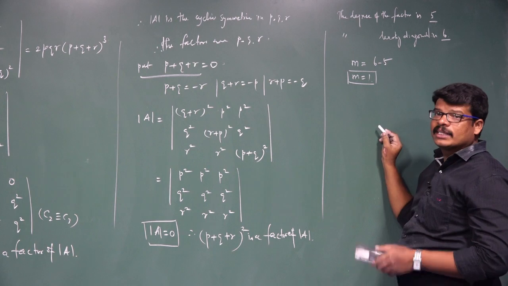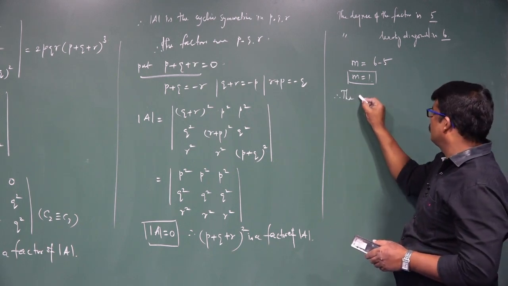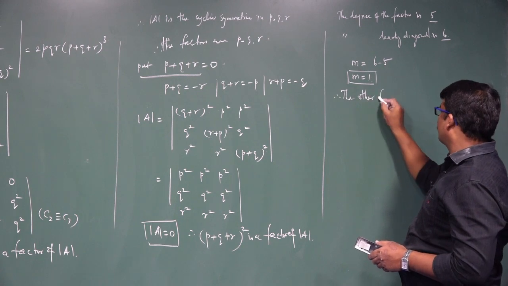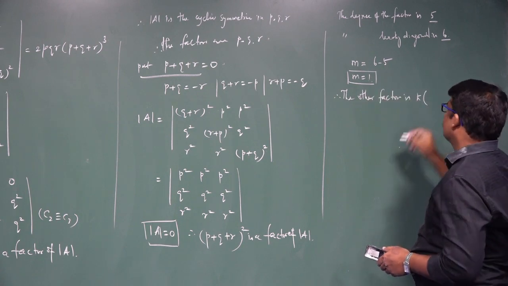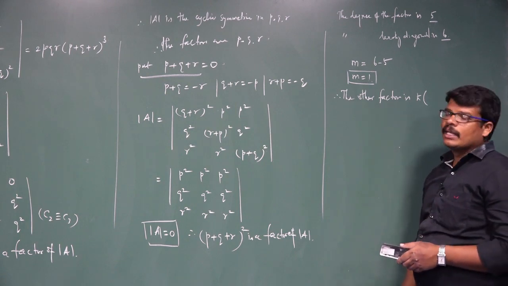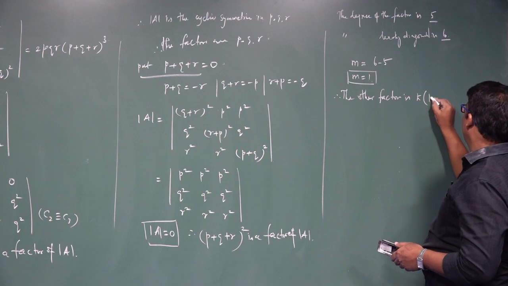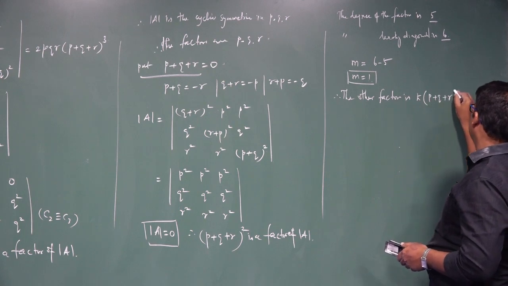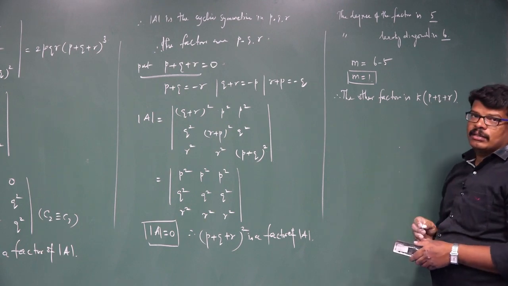Therefore, the other factor is K into A plus B plus C. Here the elements are P, Q, R. Taking the elements, the other factor is K into P plus Q plus R.